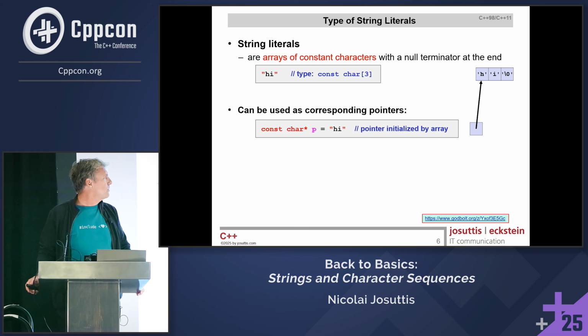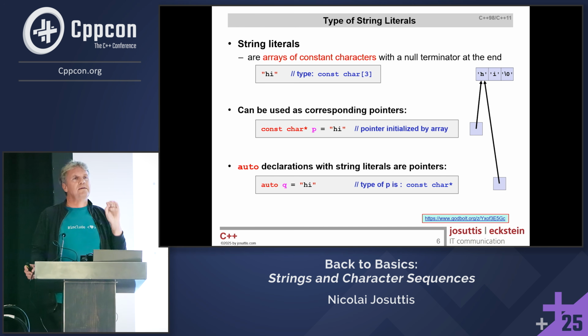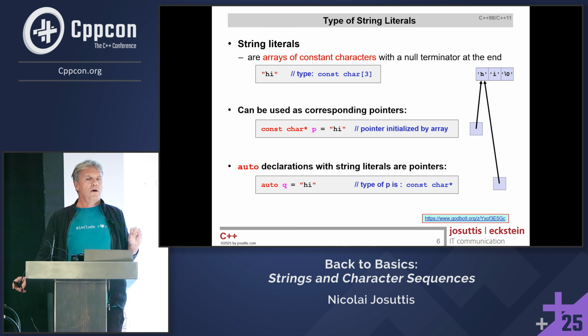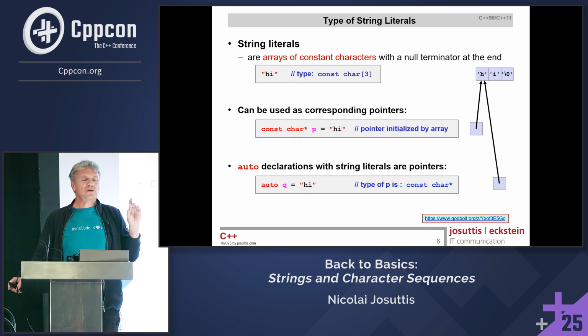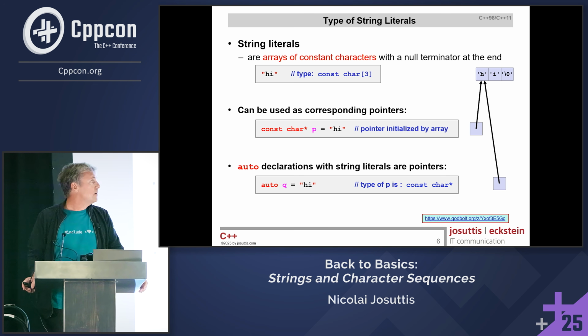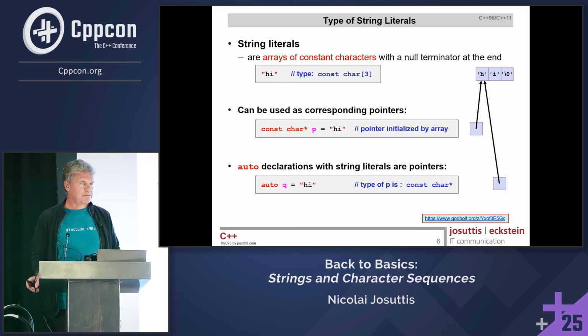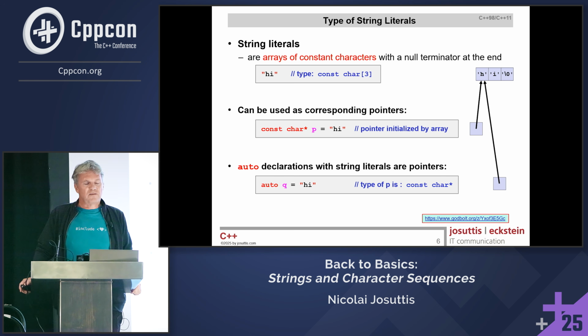So we say that's my pointer. And the same happens if you assign it to auto. When auto is initialized with an array, the type of the object you initialize as type auto is a corresponding pointer type. So that's a rule in general.